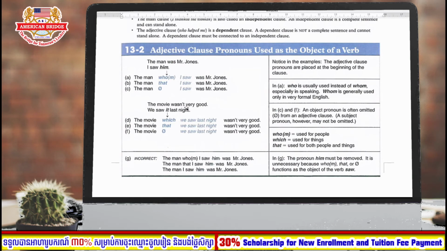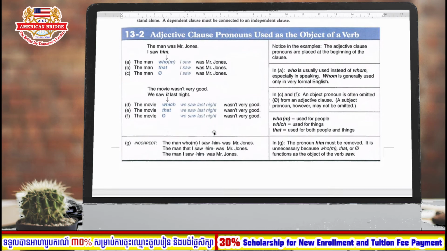Another example: the movie wasn't very good. We saw it last night. So: the movie which we saw last night wasn't very good; the movie that we saw last night wasn't very good; or the movie we saw last night wasn't very good. These three sentences are the same.